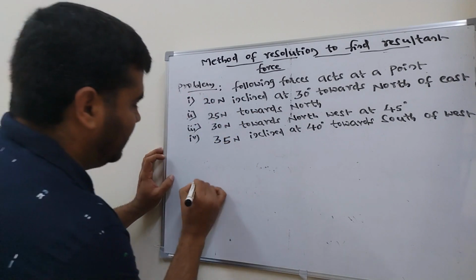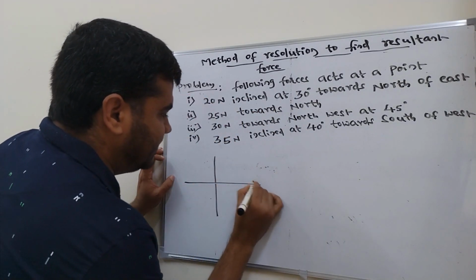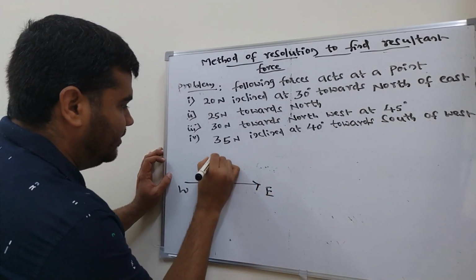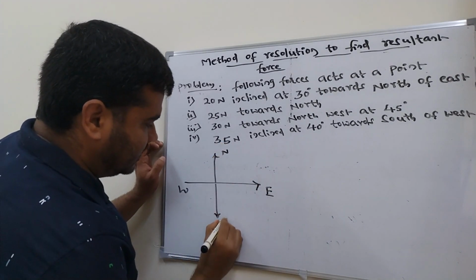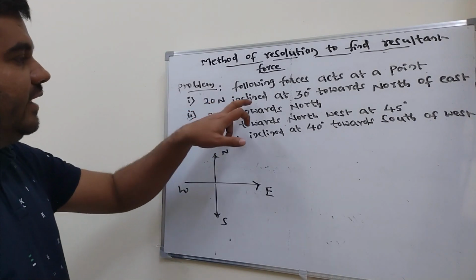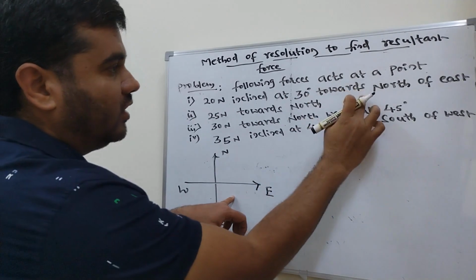First you should draw the positions: this is east, this is west, this one is north, and this one is south. Now the first force: 20 Newton inclined at 30 degrees towards north of east.